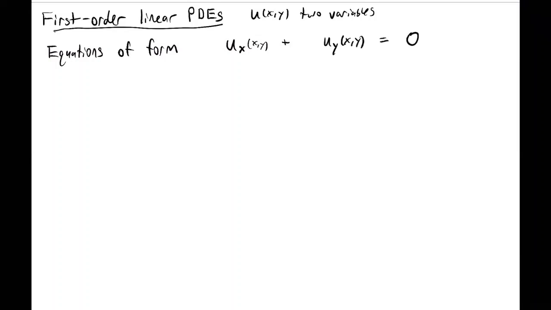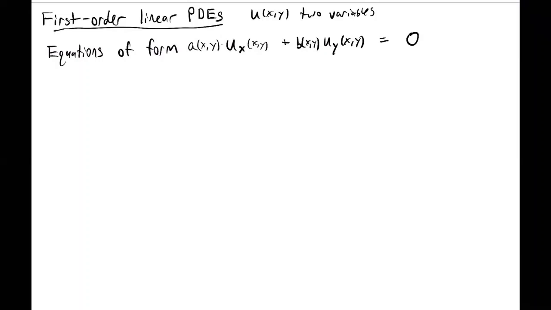But we're also going to allow certain coefficients in front of these derivatives. In particular, I'm allowed to multiply u_x by some function a, which could depend on x and y, and multiply u_y by some function b, which can also depend on x and y.